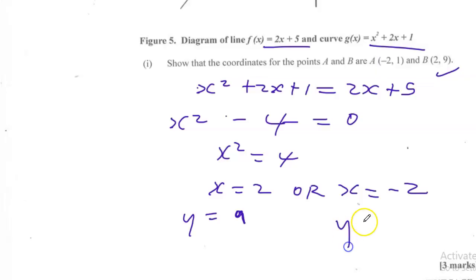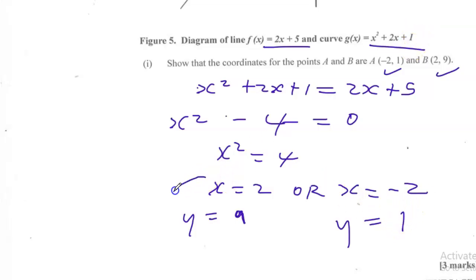And then for the other y value, you sub the other x value, which is negative 2. So 2 times minus 2, that's minus 4, plus 5, that's positive 1. So (-2, 1). Or you could have subbed the negative 2 here: negative 2 squared plus 2 times negative 2 plus 1 would also give you 1.